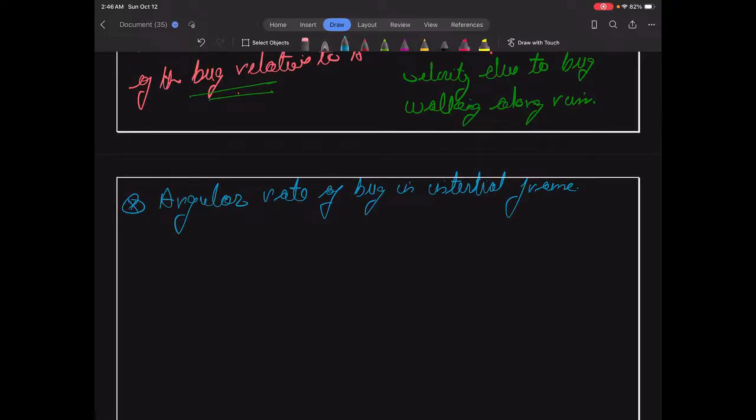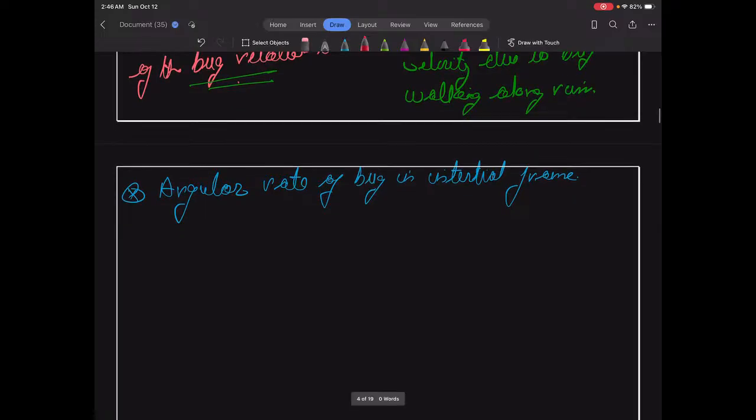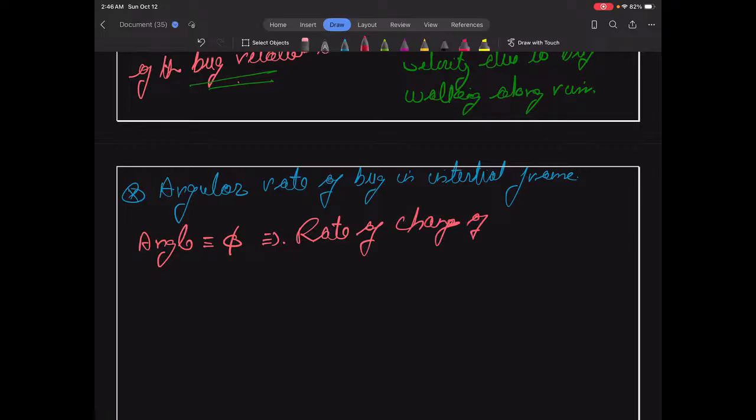Because we said our angle is phi, we are going to find out the rate of change of angle, which we can write as phi single dot. That's the first derivative.